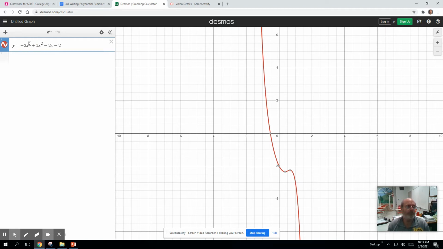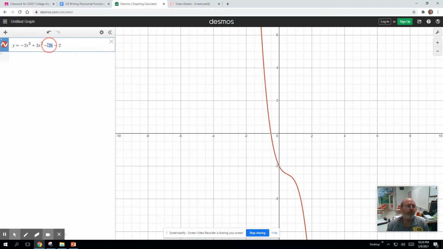Let's look at another one. Let's make this a cubic function instead of a fifth degree. There again, as x goes to the left, the y's are going up. So x goes to negative infinity, y's are going to positive infinity. As x goes to the right, y's are going down. So as x goes to positive infinity, y's are going to negative infinity.